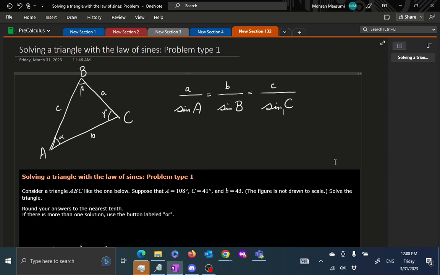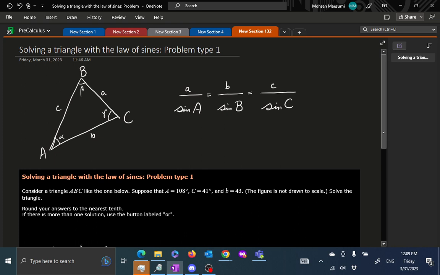One of the relationships that holds between these 6 quantities is that if you divide each length by the sine of the angle in front of it, the fraction that you get is the same for all vertices. So if I take b and divide by sine of beta, or c divided by sine of gamma, or if you want to call them angles A, B, C, however you want to call them, you get the same fraction.